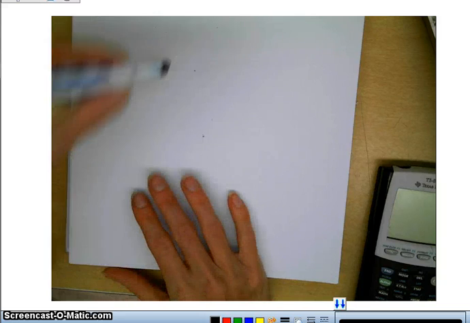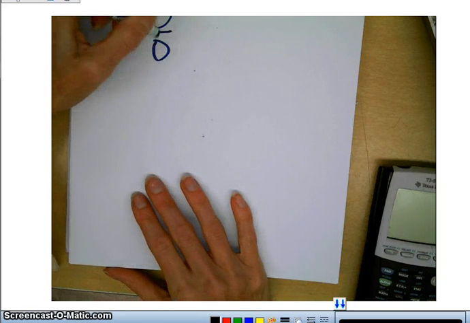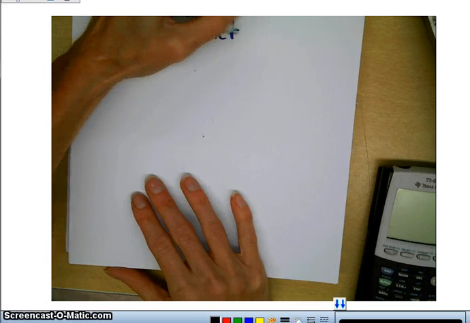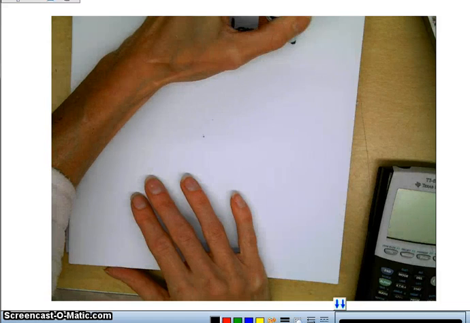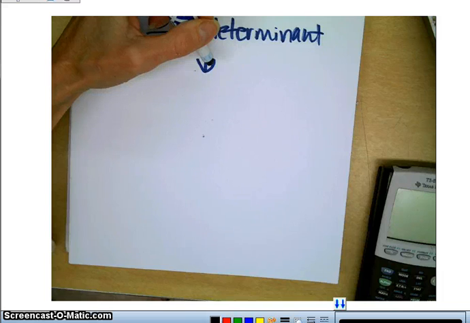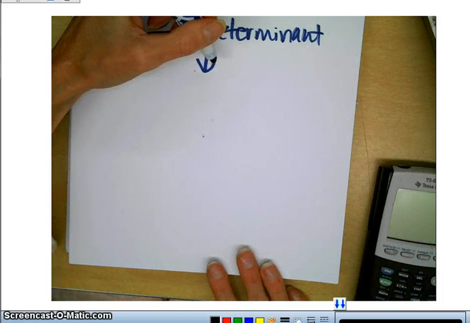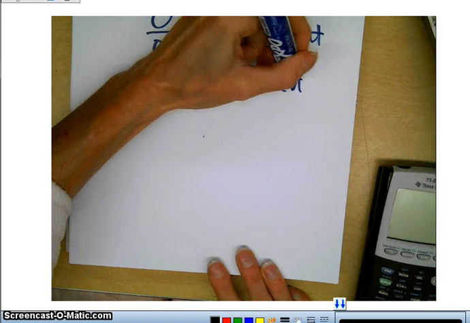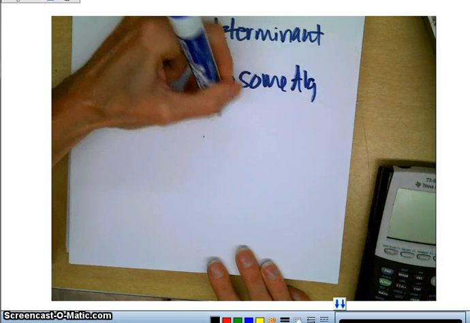Okay, what does 0 over 0 tell you? What form is it called? Indeterminate. And what does that mean? It means do some algebra and then try substitution again. Do some algebra and then sub again.